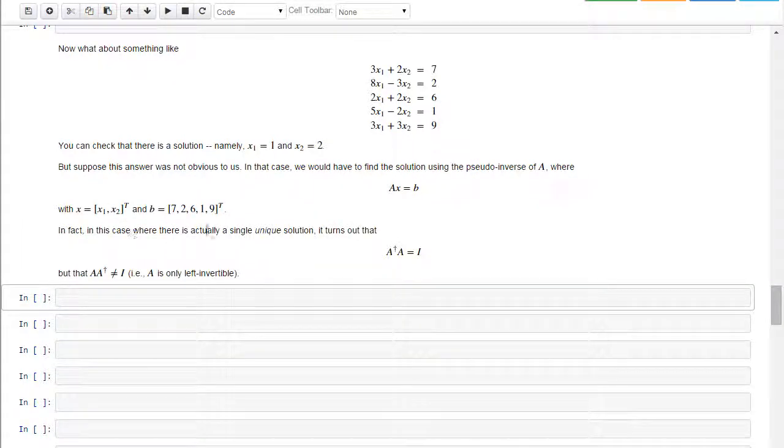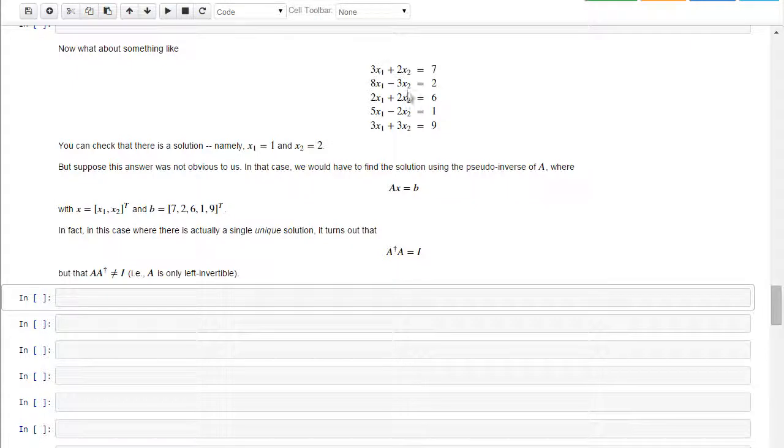That is, there is actually a single unique solution if it turns out that A dagger A is the identity. But A A dagger will not be the identity. In other words, what's happening here is A dagger A is going to be the smaller dimension. In this case, it's going to be a 2 by 2, and it's going to be the identity matrix.